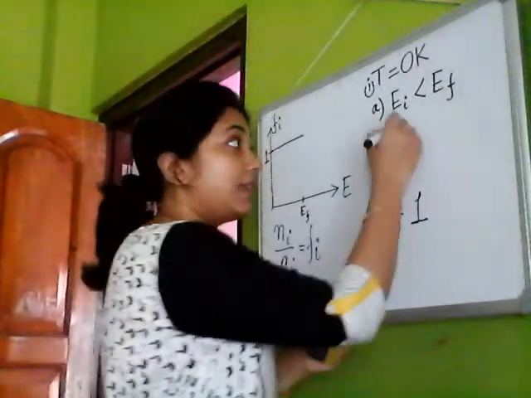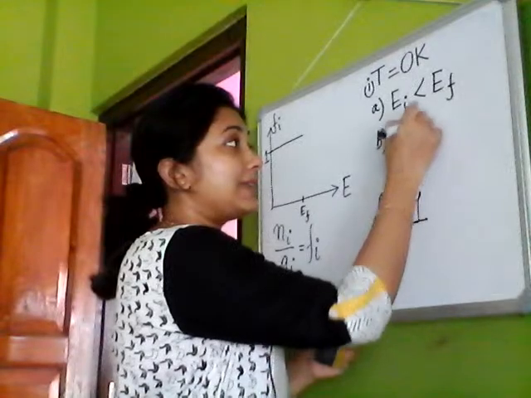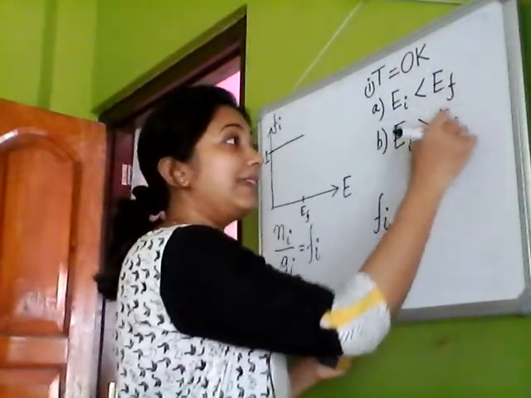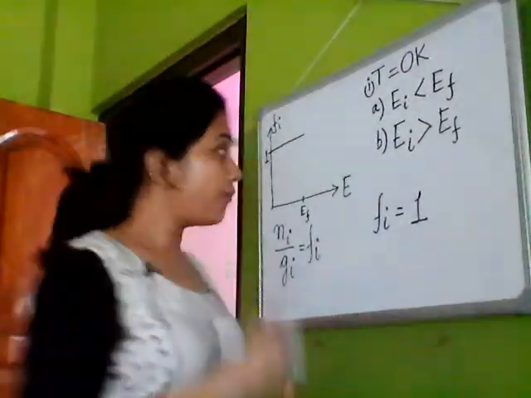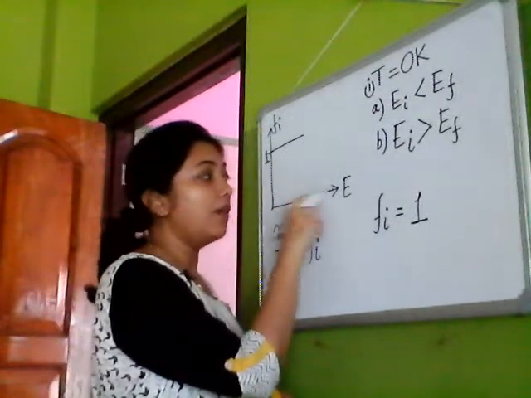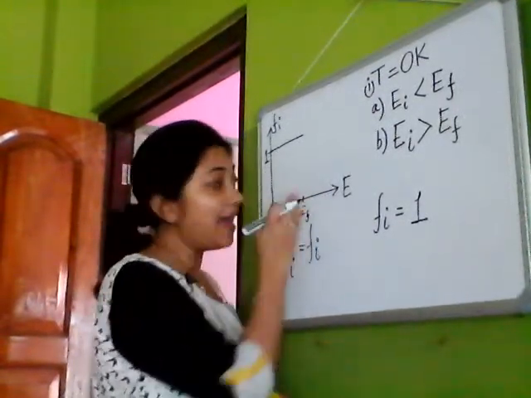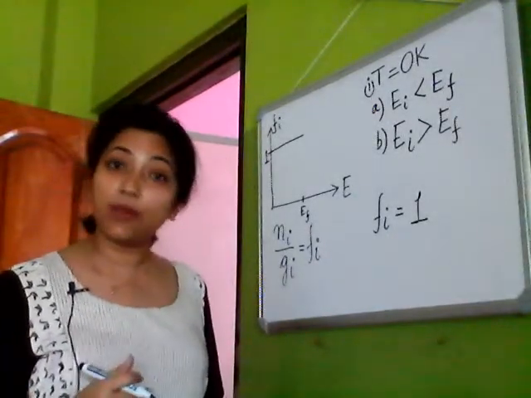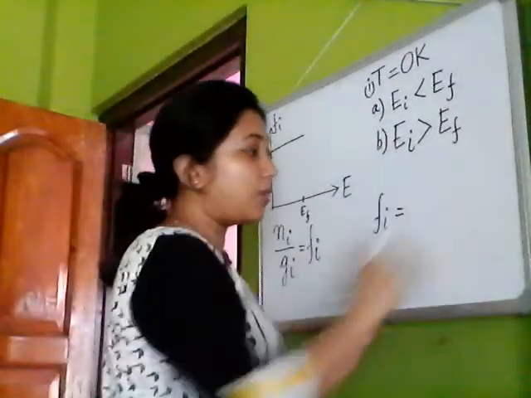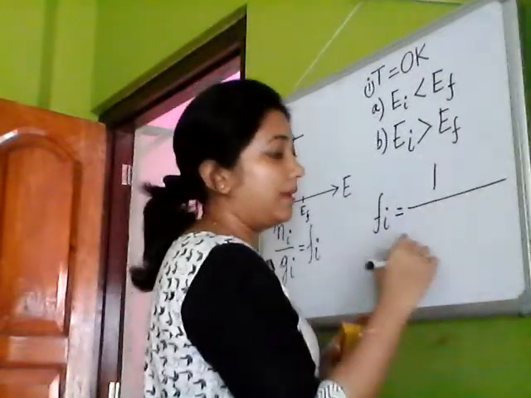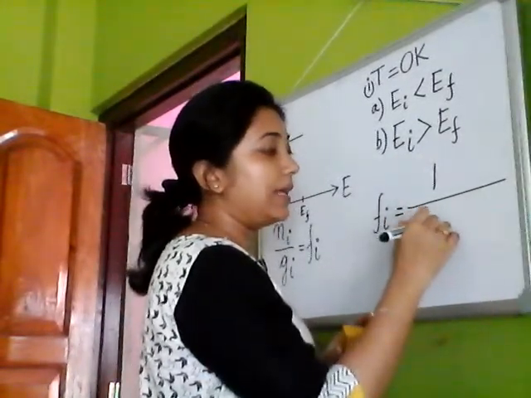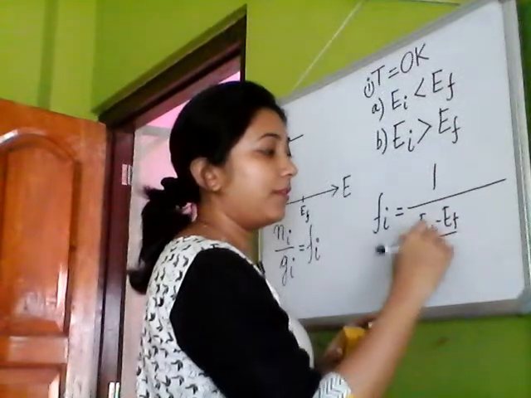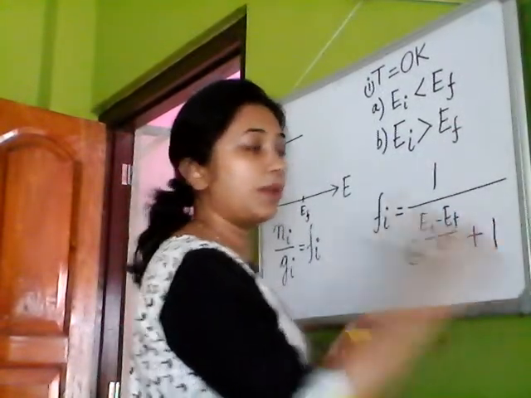And what is that? The case is now that EI is greater than EF, which means for the values of energy which are now along this positive side after our EF. So how will our distribution function now look? Again, going back to our formula, e to the power (EI minus EF) by KT, plus 1.